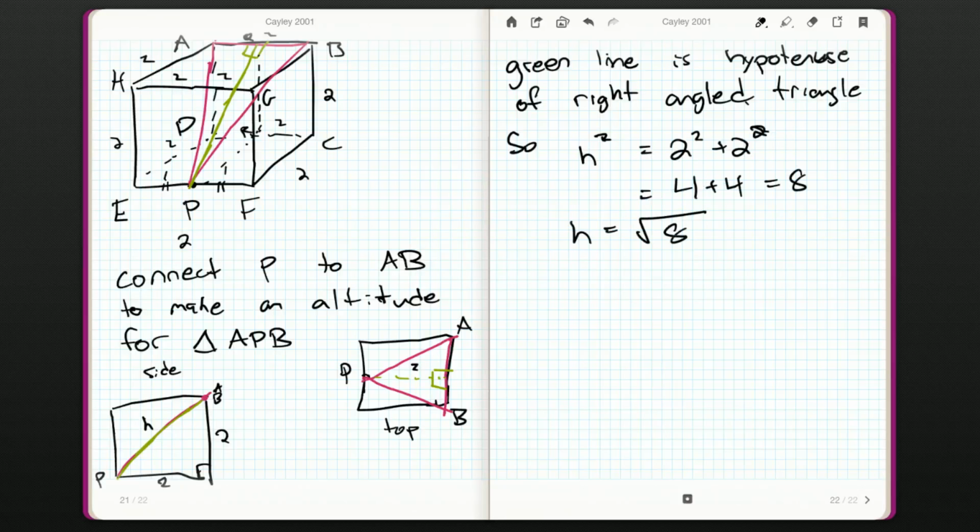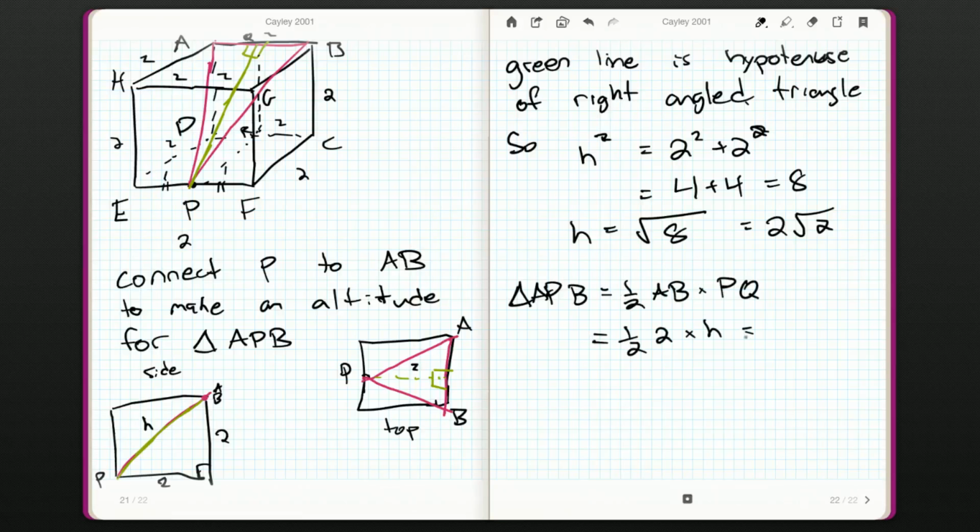So we square root both sides, and we can rewrite that as 2 root 2, or keep it as root 8, however we're comfortable. And so now triangle APB: 1/2 base times our height, which I guess is PQ. So it's 1/2 times 2 times H. Well, the half and the 2 will cancel each other out.